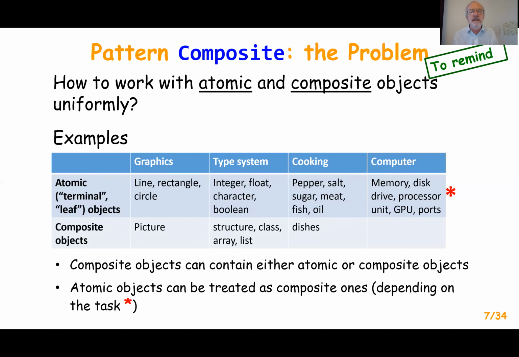They do not contain other objects, I would say. Whereas composite objects typically contain a number of sub-objects, or however you call them. Here is the slide from lecture number 6 with examples in various areas: graphics, type system, cooking, etc. I will give you some more examples later.